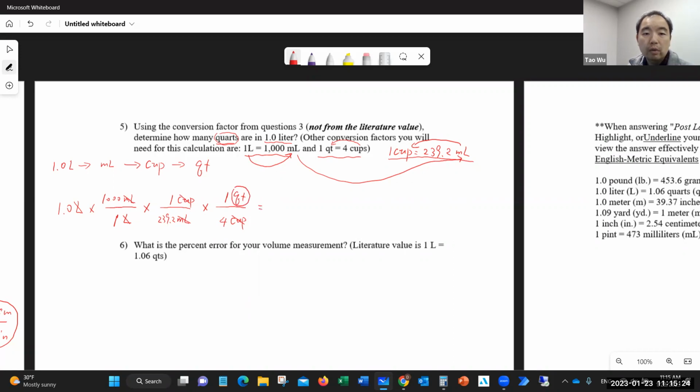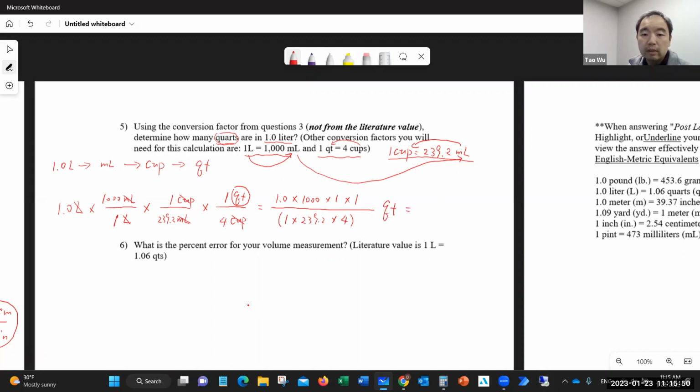So now you put those numbers on the left side. You have 1.0 times 1,000 times 1, divided by 1 times 239.2 times 4. Make sure the bottom part has a parenthesis, and the unit will be quart over there.